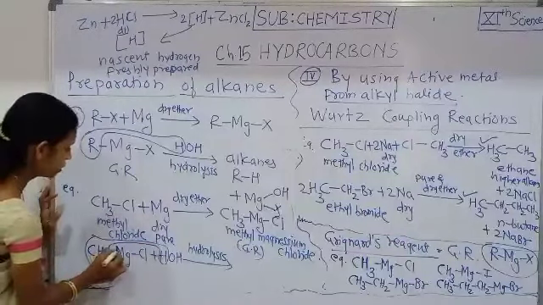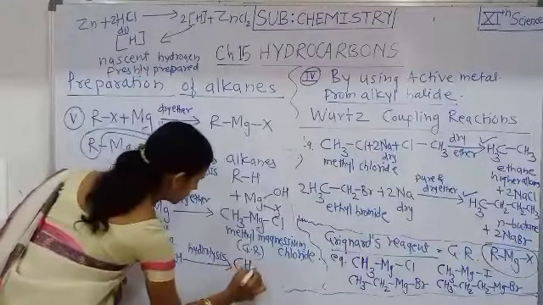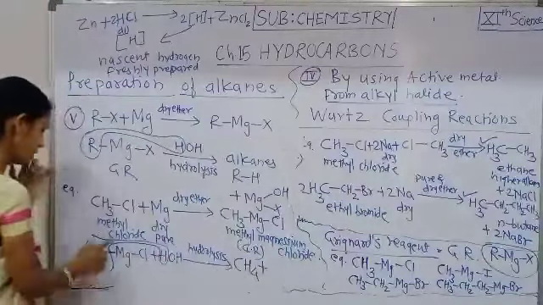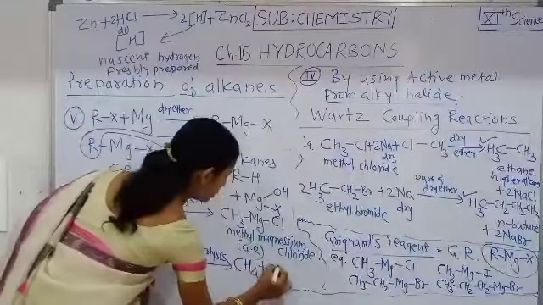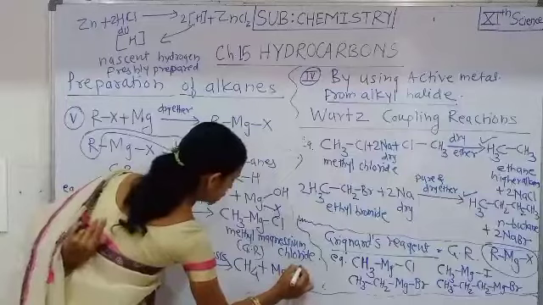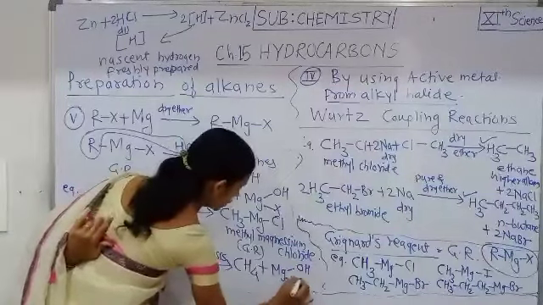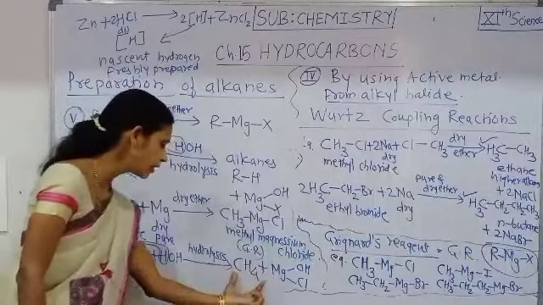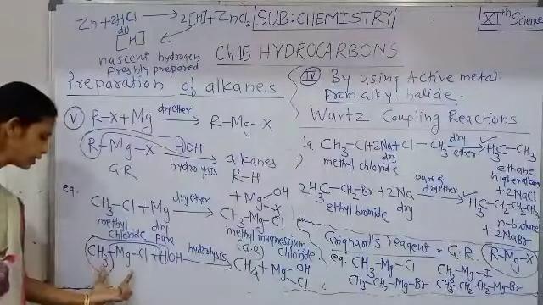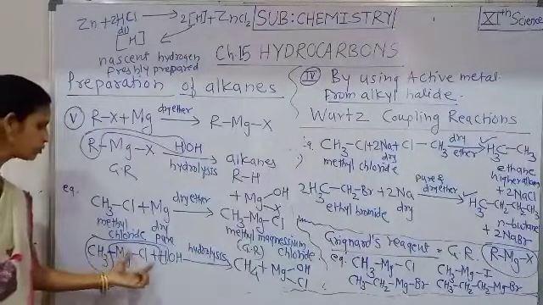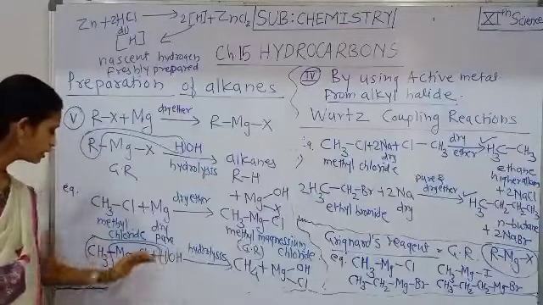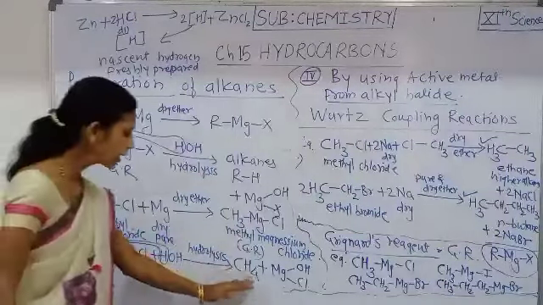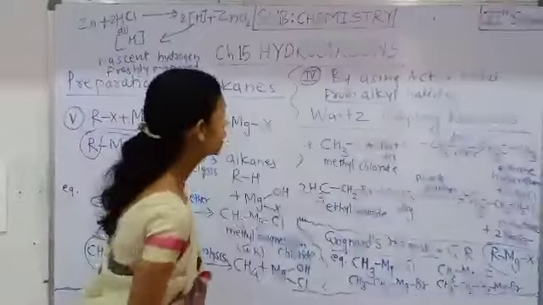Here CH4, that is methane, is obtained with the formation of magnesium hydroxy chloride. Thus alkane is obtained from Grignard's reagent, methyl magnesium chloride, by hydrolysis.